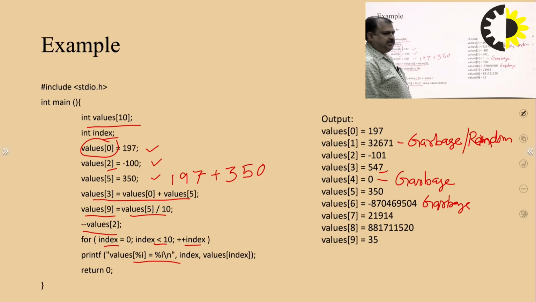So this is a very simple example of how we can create an array, supply values, manipulate these elements, and traverse all the elements of an array. Traversal we are doing with the help of a for loop.